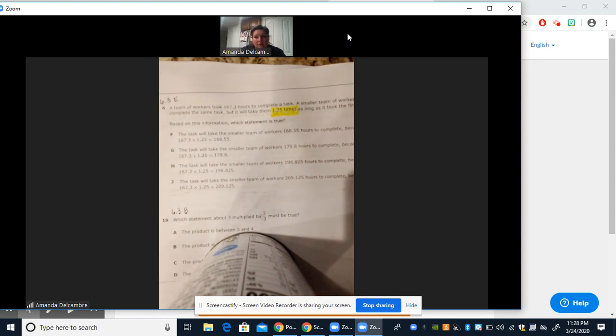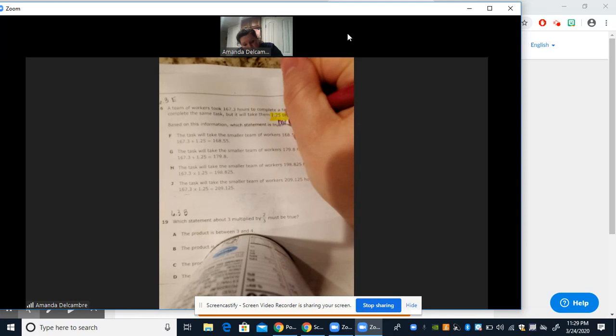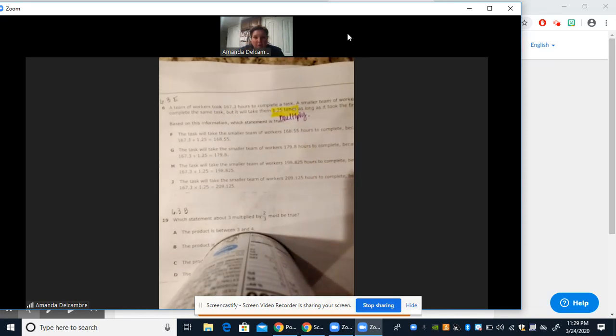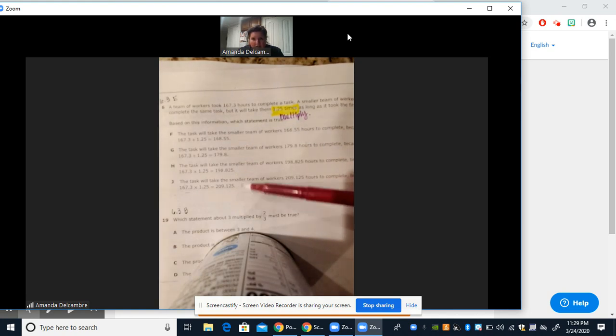Guys, look for those clue words there. 1.25, 1 and 25/100 times. And times means to multiply. So I need to multiply. Okay, let's check that out. Well, if I look, I can eliminate 2 answer choices, can I?